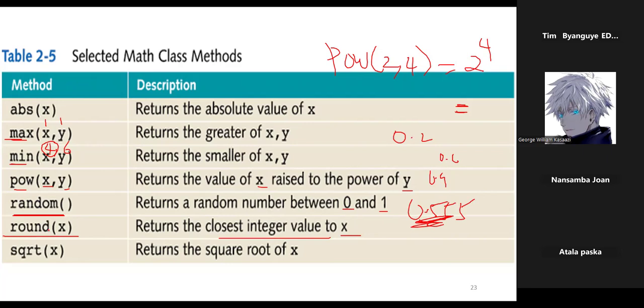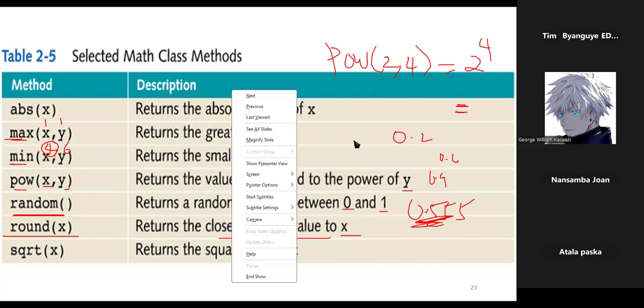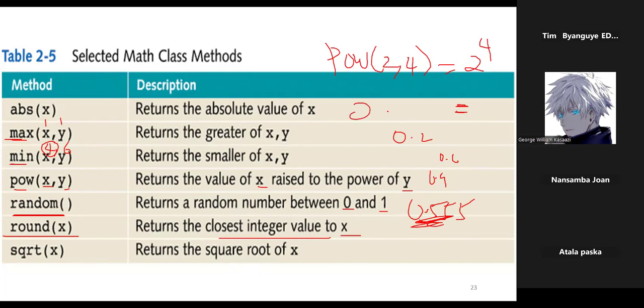Let's say if it received 2.5, it would return to you 3, okay? Then if it receives 2.4, it would return 2. So we know one of these is like rounding up and the other one is rounding down, or call it rounding off if you will.